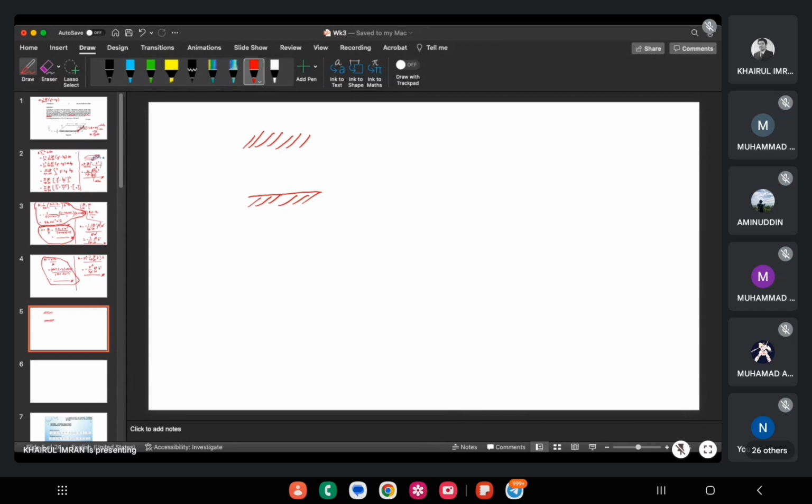Fixed plate. So this is X, this is Y. The one that we solve is actually this one, X and Y. The height is still maintained B. Okay, and this one is the floor.